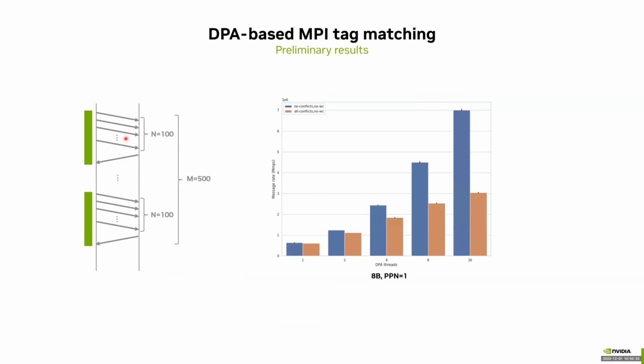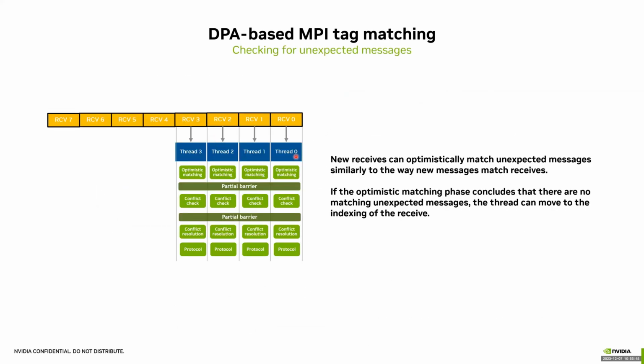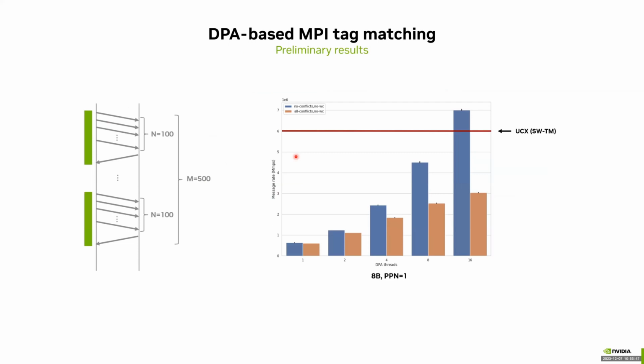We do this 500 times, and every time we have 100 pings. What we show here is the message rate as a function of the DPA threads, so how many DPA threads we are using. We can see that using 16 threads in the non-conflict case, where we don't experience conflict, we reach about 7 million messages per second.